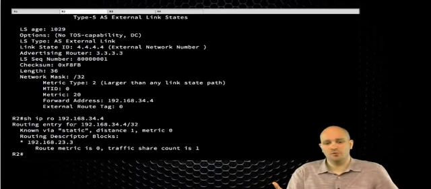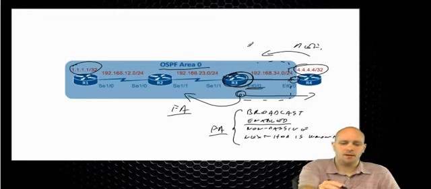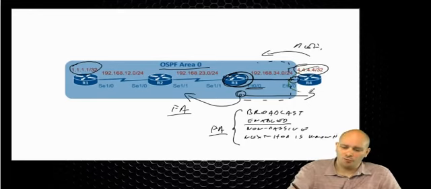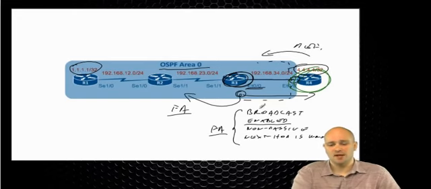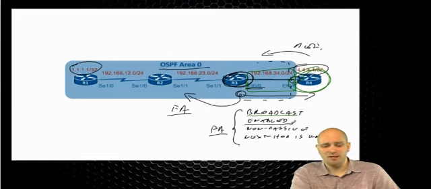What can we remove? Well, if we take a look at our diagram here, R4 is not running OSPF. So anything that we change on this interface on R3 is not going to make any difference from the perspective of R4. So even though OSPF is turned on, even though the interface is actually broadcast, any of these changes would make no difference on R4 because they will not alter behavior in any way as far as R4 is concerned.